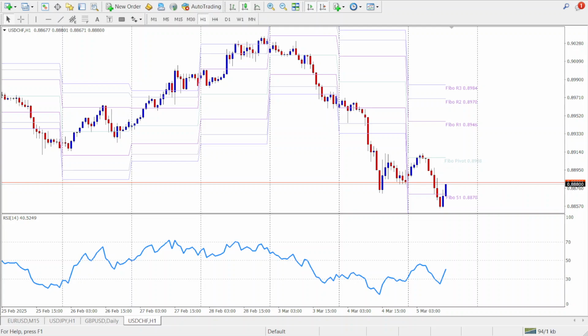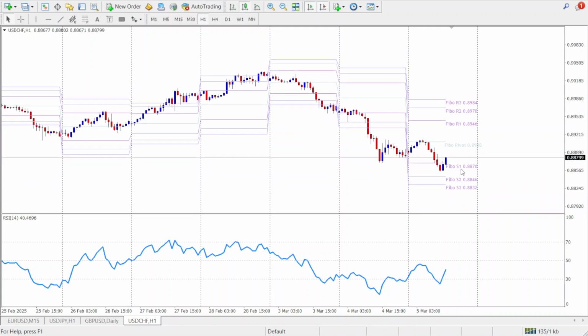Okay, so now the PP, which is the pivot point, is the central level acting as a key decision zone. Then we have resistance levels 1, 2, 3, and we have support levels 1, 2, 3.